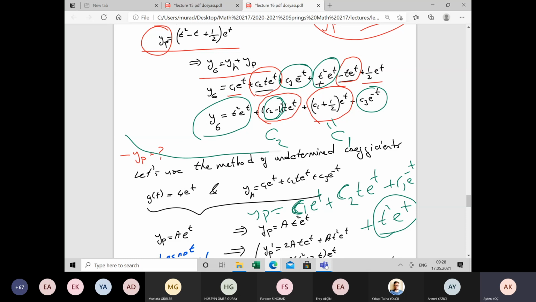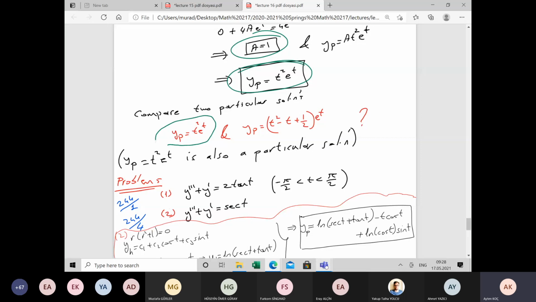So the particular solution by using undetermined coefficients, and the particular solution by using variation of parameters, we obtain the same general solution. Because what is the reason? And the reason is here. It's okay? So we obtain the same.